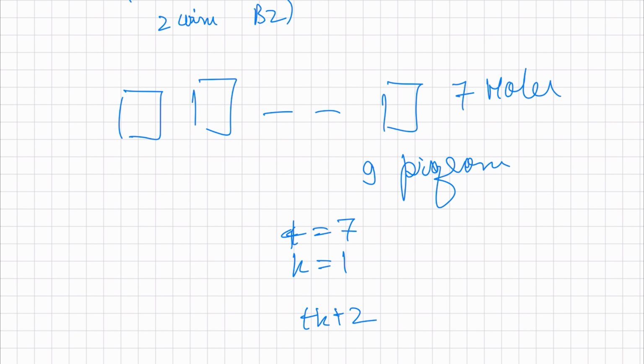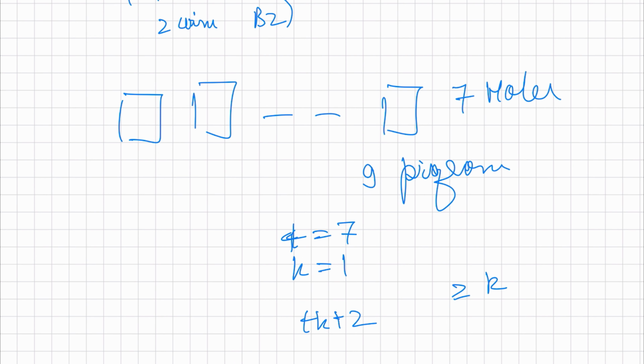That clearly tells us that there are greater than or equal to K plus 1, or in other words, at least 2 pigeons that would share a hole. This can be more, but at least 2 pigeons are going to share a hole, right? There's a lower limit. So what does it mean here? It means you will have 2 combinations that have the same weight. So it's a non-unique mapping. It's not a one-to-one mapping here, right? So this is the way we're using the Pigeonhole Principle in this case.